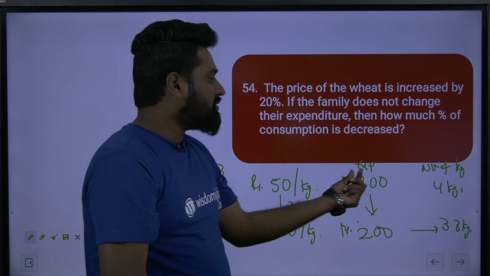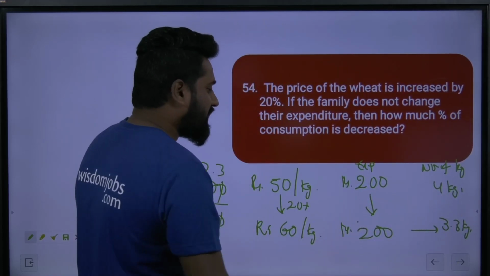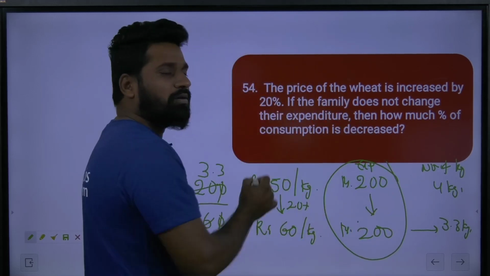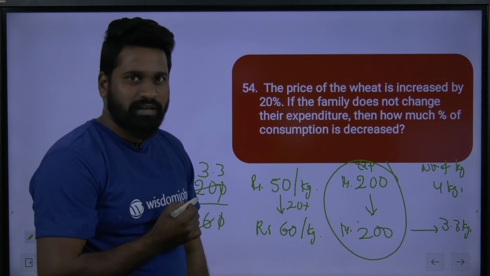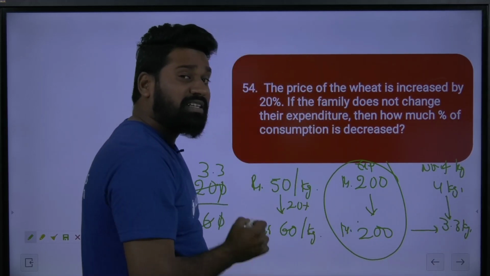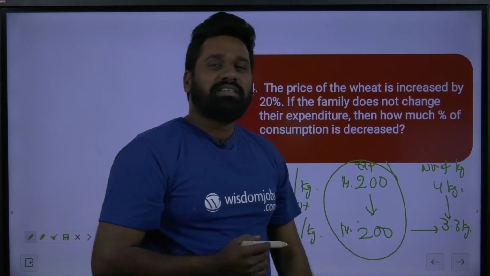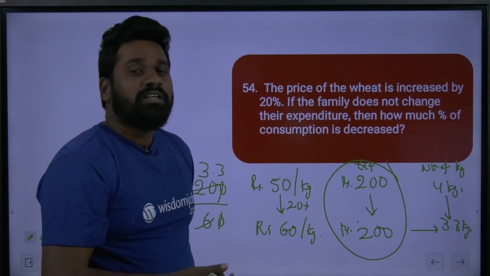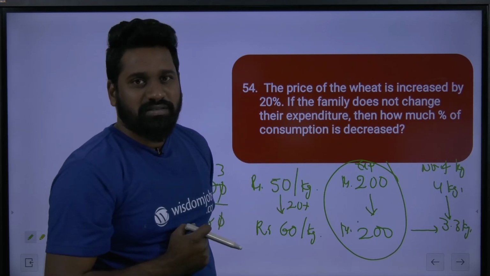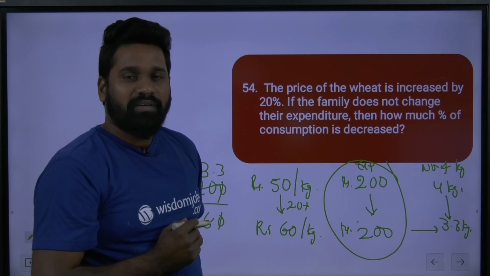So at 50 rupees you are getting 4 kgs, at 60 rupees you are getting about 3.3 kgs because the expenditure is the same. We are spending only 200 rupees on wheat. If we observe here, from year to year some consumption is decreased. How much is it decreased? 4 to 3.3 means 0.7 kg decrease. So that is how much percentage. That consumption decrease is how much percentage, that is what it is asking. Is it clear?